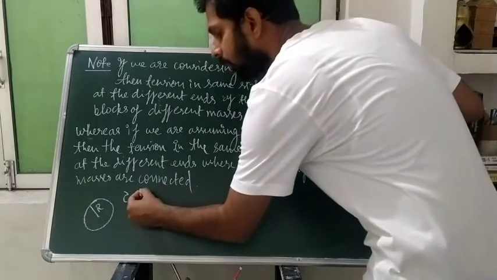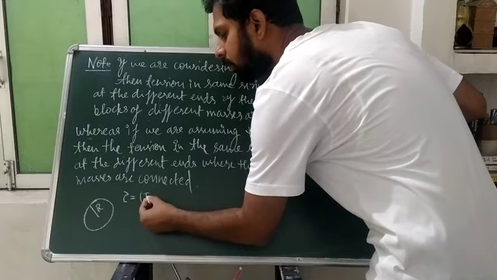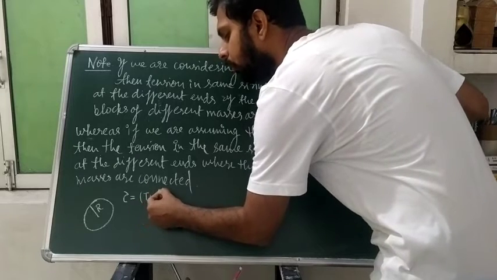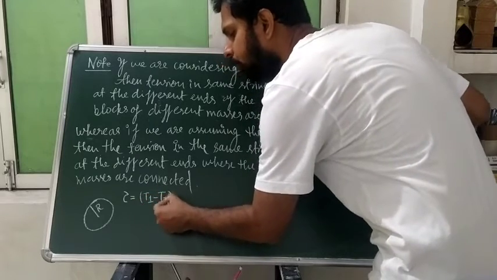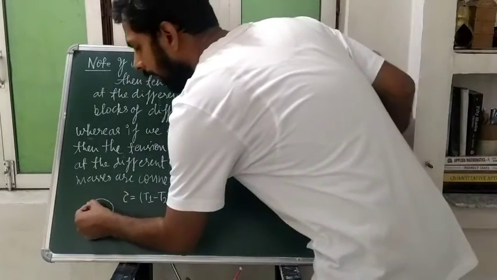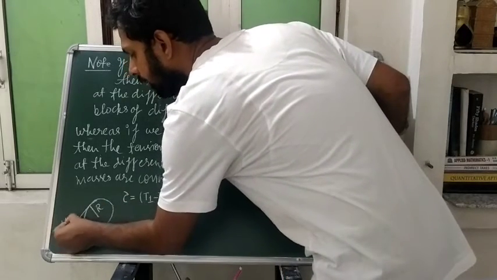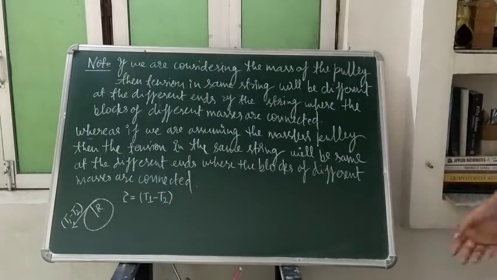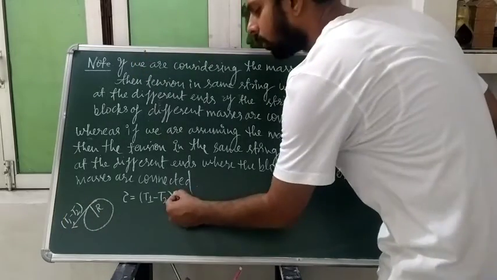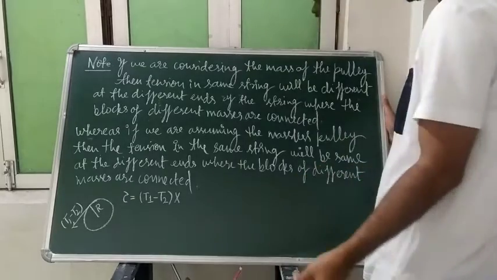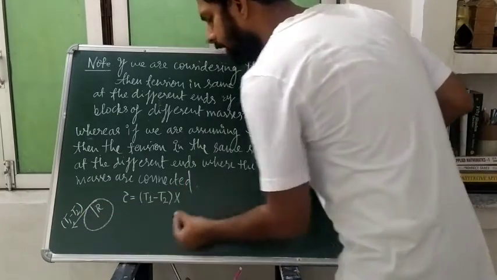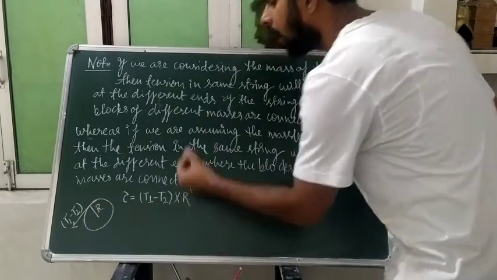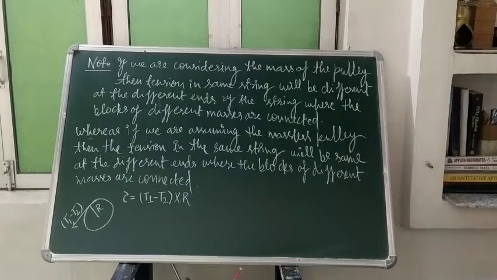Look, student, that will be the cross product of force, that is T1 minus T2 acting at any particular instant, and distance. And what is the distance present here? That is r, radius of the pulley.